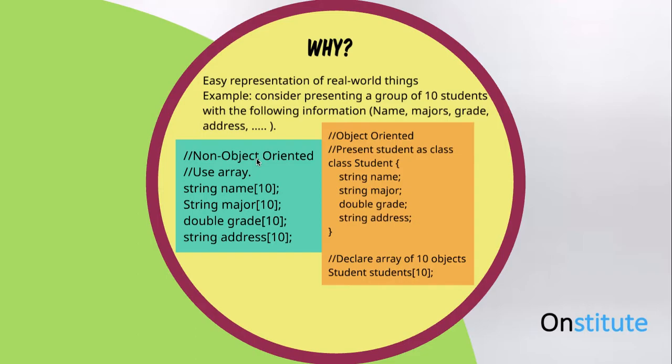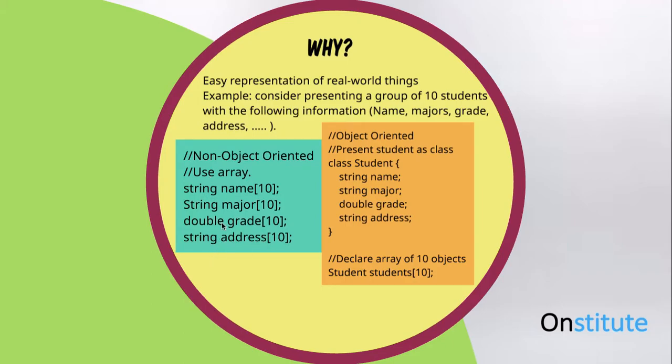So in a non-object-oriented or procedural way that you have just learned, what you can do is use 4 different arrays for these 4 different types of information. The first array is name, the second array is major, the third array is grade, the fourth array is address.